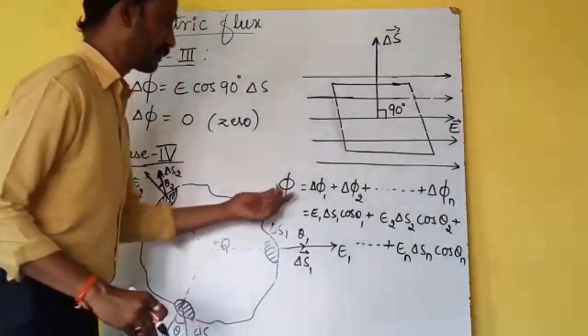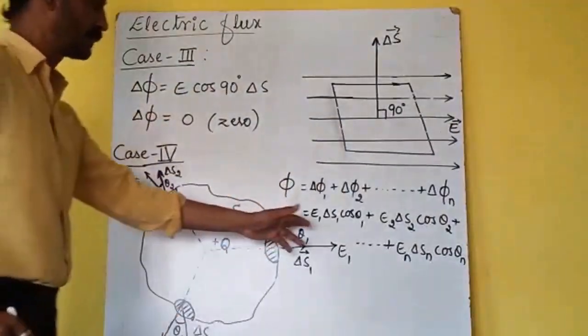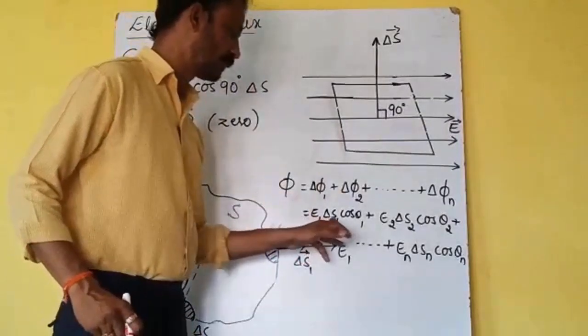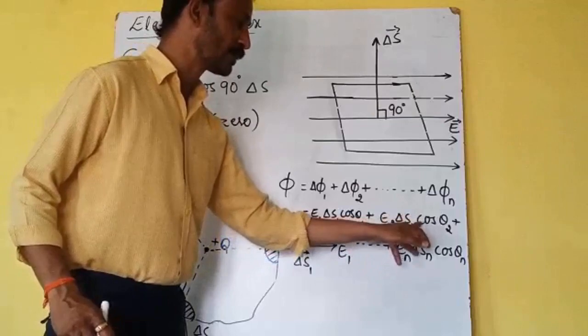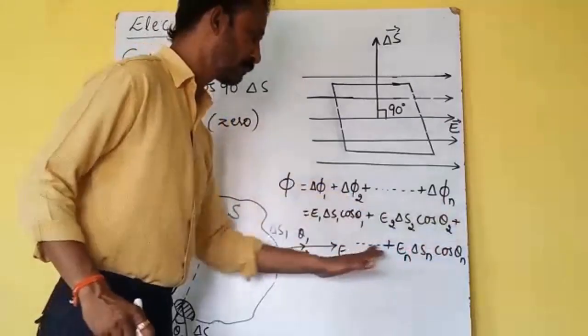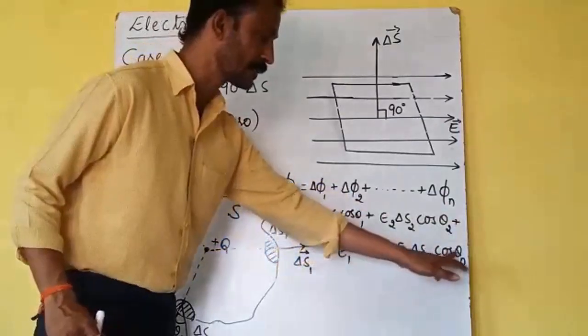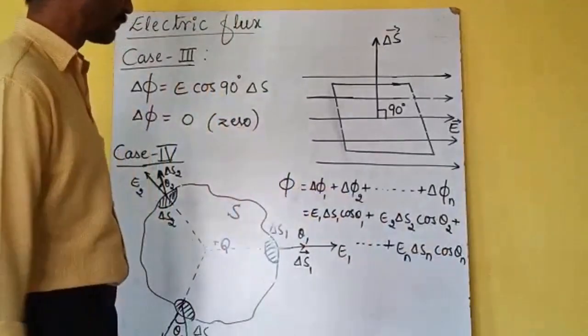The total electric flux through the entire closed surface is phi equals E1 delta S1 cos theta 1 plus E2 delta S2 cos theta 2 plus so on plus En delta Sn cos theta n.